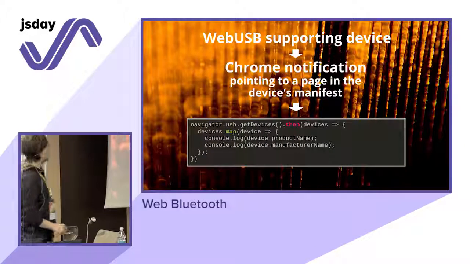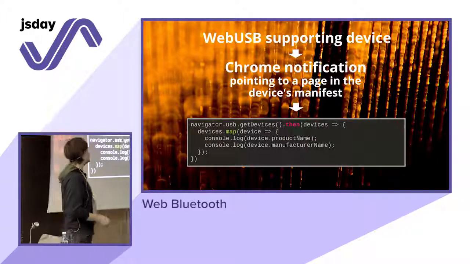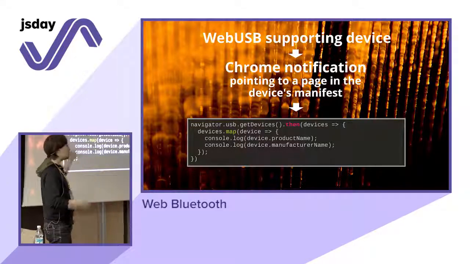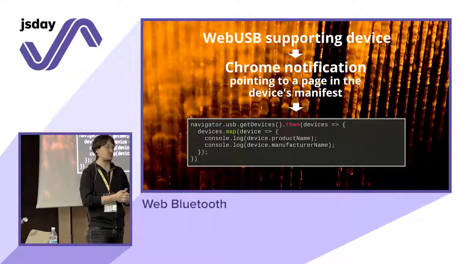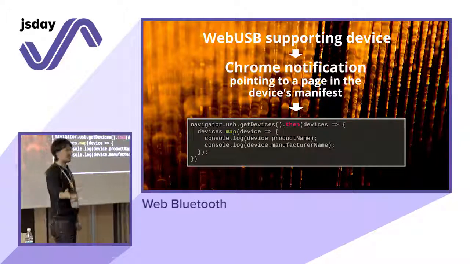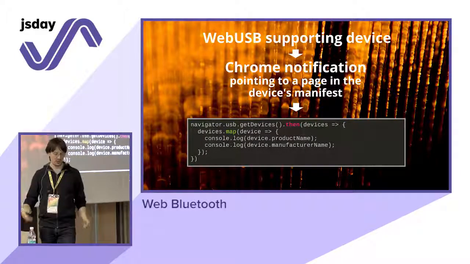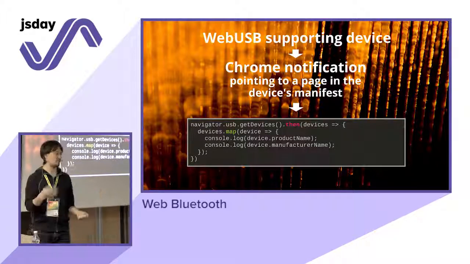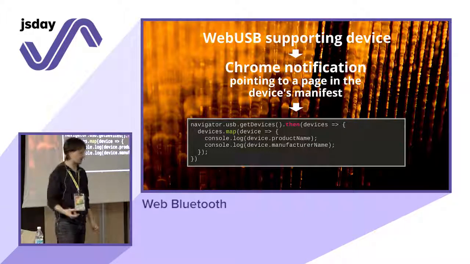A quick taste of how this would work: you connect a WebUSB-supporting device to your machine. Chrome picks this up and asks the USB device for a manifest. The manifest itself contains a URL, like, I don't know, usethisdevice.com or whatever.